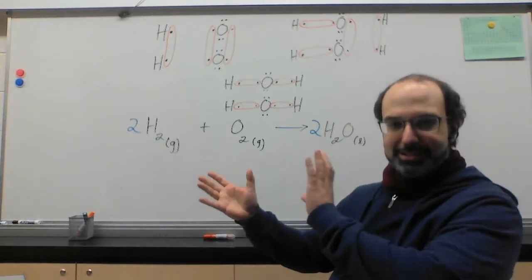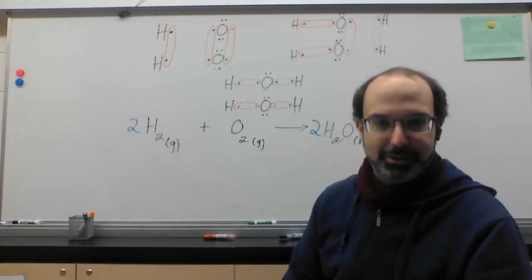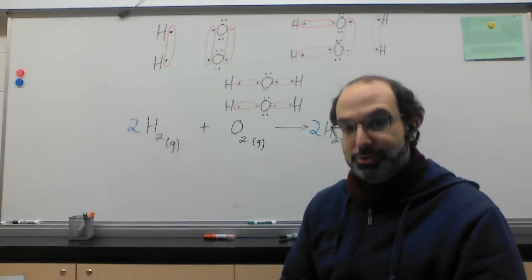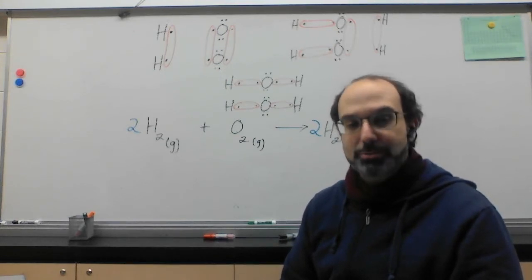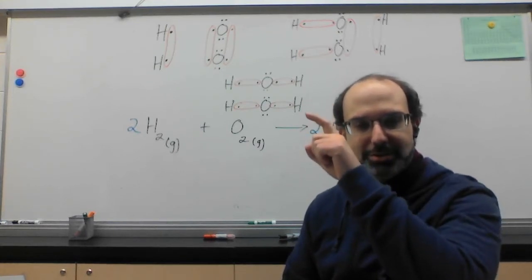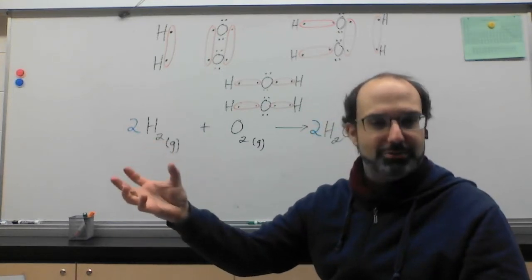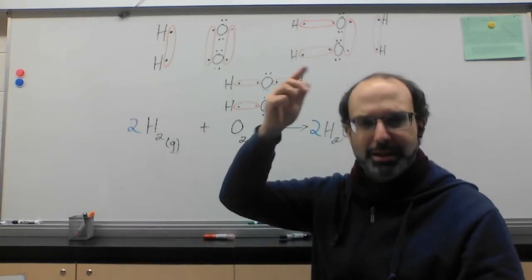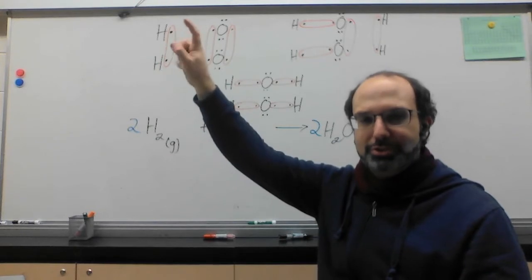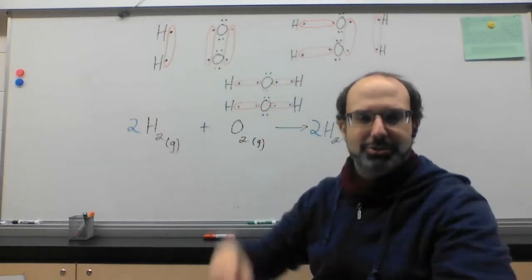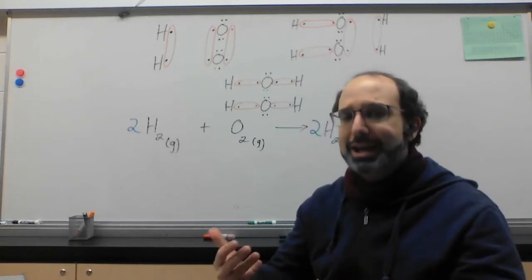This is known as a balanced chemical equation, and it works on the fundamental idea that you can't create or destroy matter. Everything that you put in is what you get out. In order for me to make the two waters, I need to put in two hydrogens. And the reason I need to do that is because, as we saw when we went through these steps, these two hydrogens do not just split apart and both attach to the same guy, because this other oxygen muscles in, gets in the way.